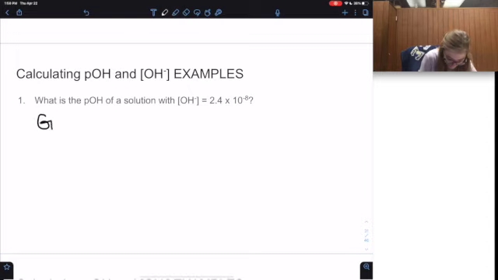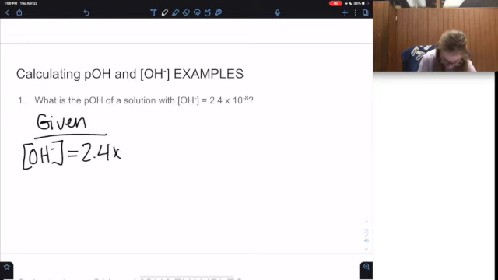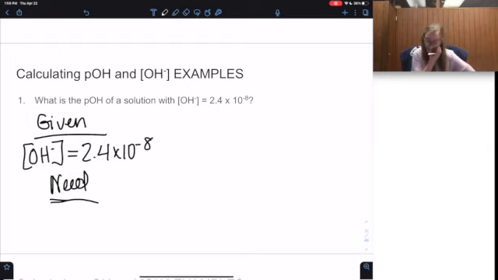What I'm given here is the concentration of OH minus equals 2.4 times 10 to the minus 8. And I need, kind of bad handwriting there, I need the pOH. It says, what is the pOH, given that the concentration of OH minus is this.